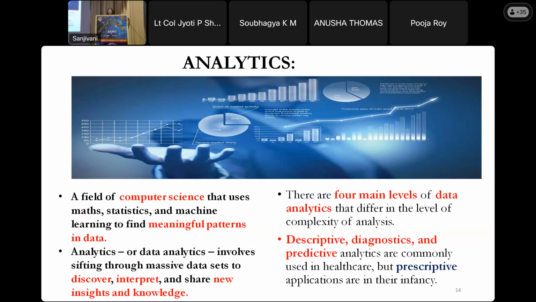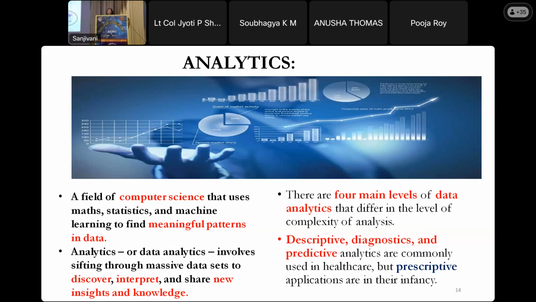When we talk about analytics in relation to health, we are going to talk about four aspects: descriptive analytics, diagnostic analytics, predictive analytics and prescriptive analytics. Prescriptive analytics is still in the infancy phase. We haven't reached there.